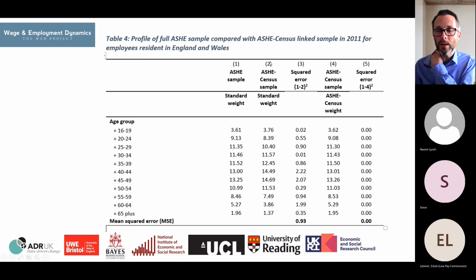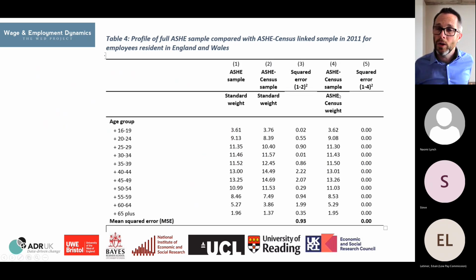If we go to the ASHE-Census sample, so that sample of 123,000 records, it's 14.7%. So people aged 45 to 49 are slightly overrepresented in the linked sample of 123,000 records, and that's what's shown by the mean squared error here. And then in column 4, you'll see what happens when we apply our adjusted ASHE-Census weight.